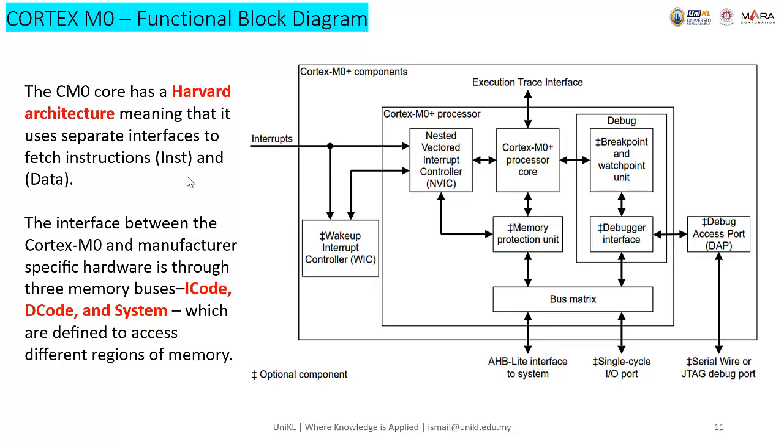The interface between the Cortex M0 and manufacturer specific hardware is through three memory buses. So it uses I-code, which looks like instruction code, D-code, data code, and system, which looks like the control, which are defined to access different regions of memory. So you can see it here in the figure.